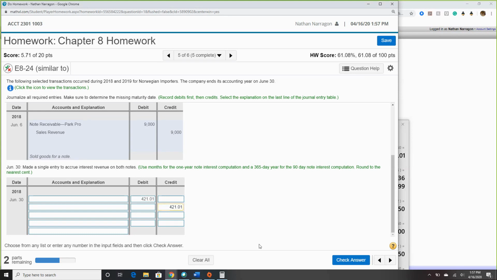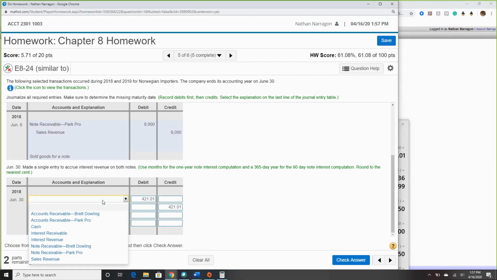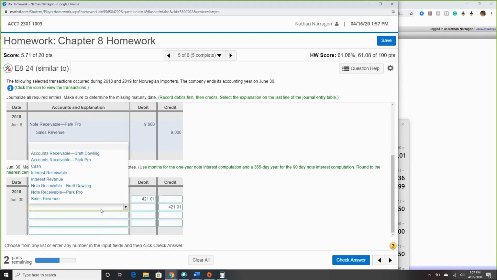So again, you have to figure out the total interest. I did not get paid for the interest yet, so again, it's still interest receivable. And what would have been the credit? Almost.